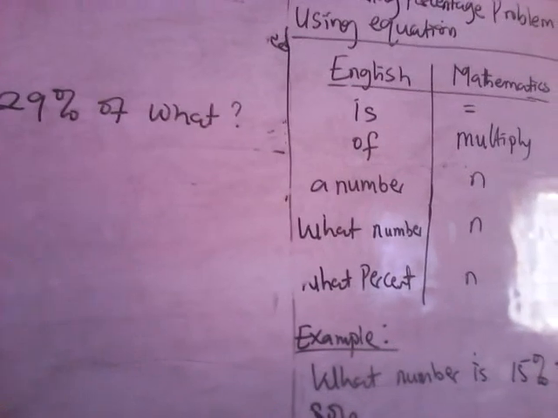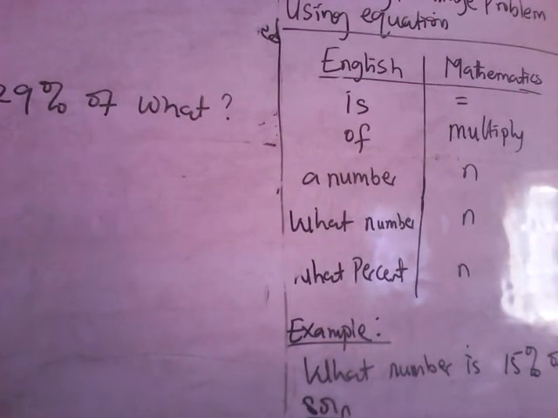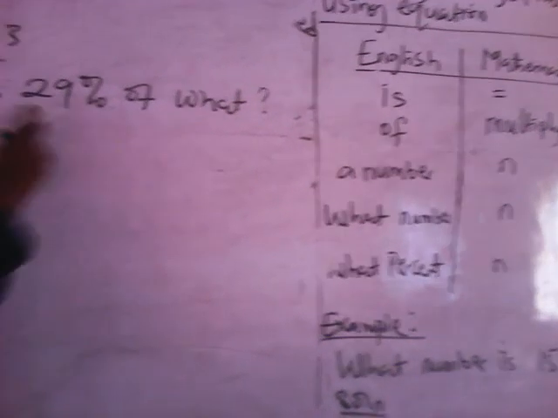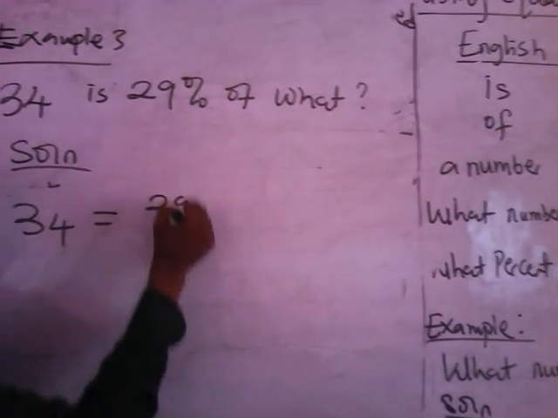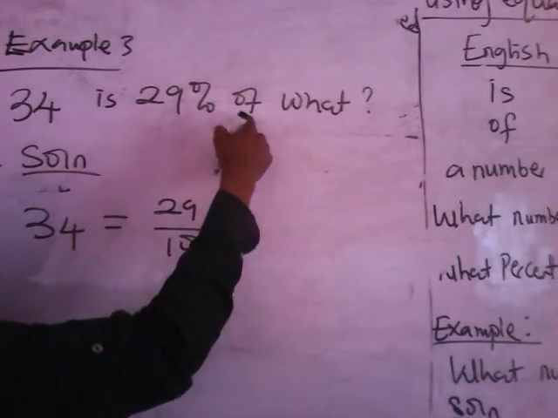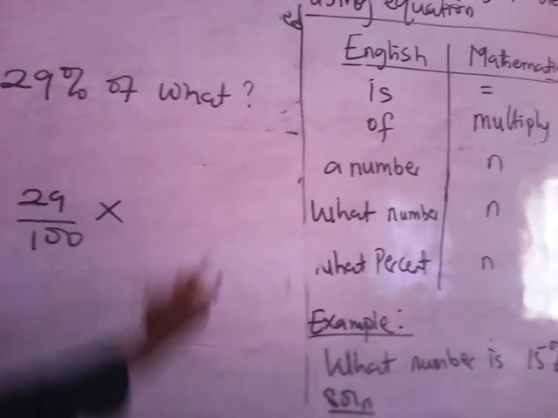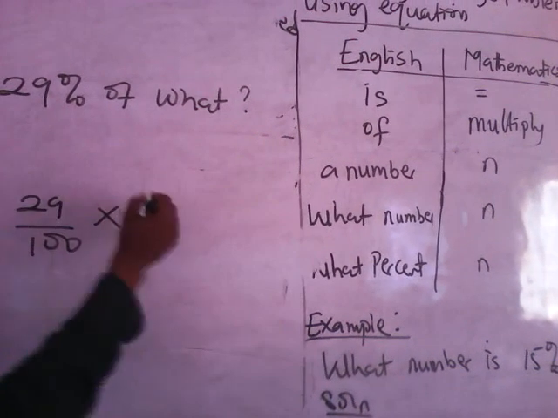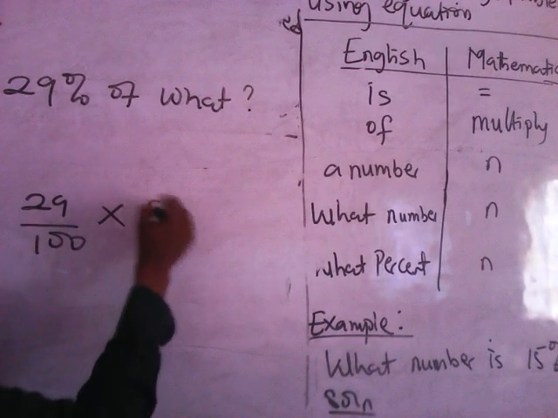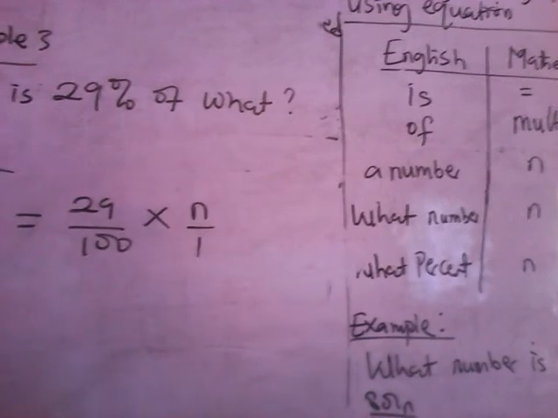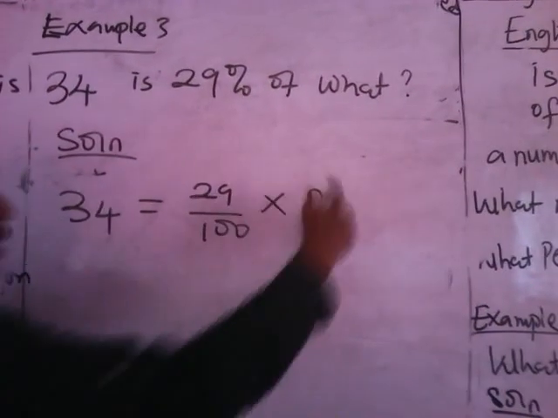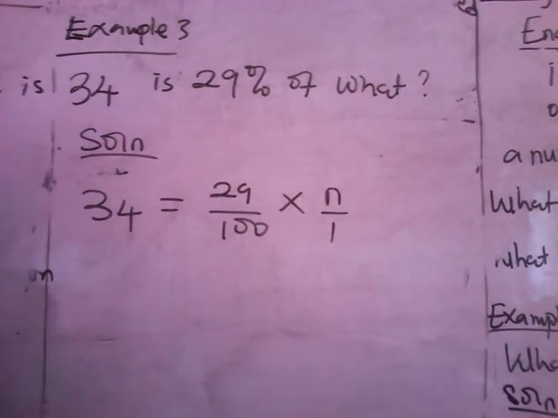So 34 is, we say is what? Equality sign. 29% is 29 over 100. Of what means what number are we looking for? So we can say of what, n over 1. Anything over 1 is still that n.